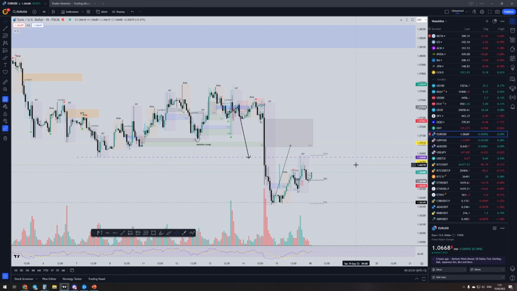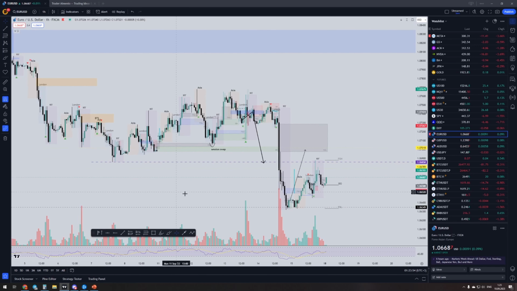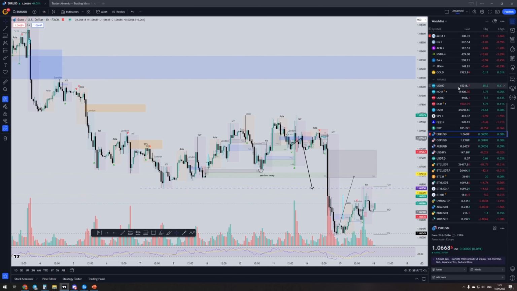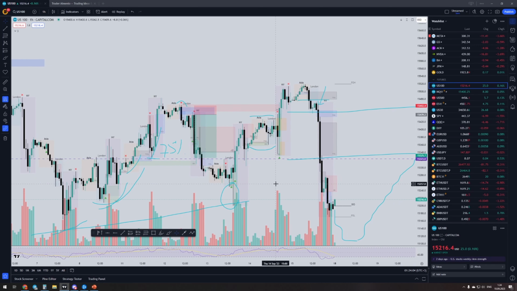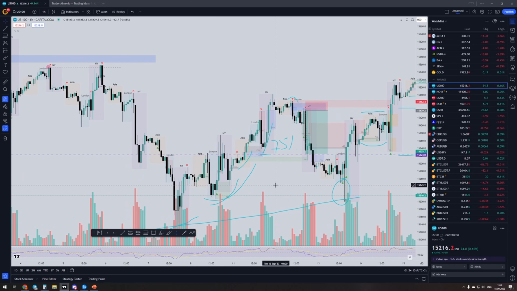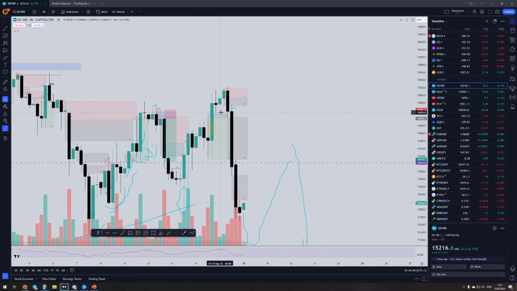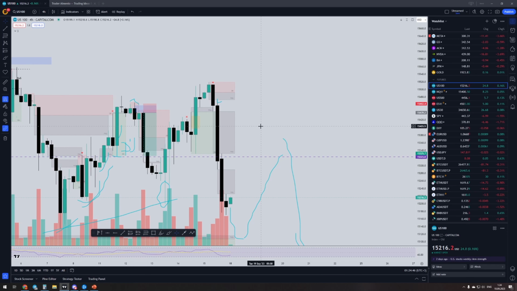Next one is the breaker block. A breaker block is basically an order block that was punched by another candle with a fair value gap in it. Let's find this. As you can see, we have this bullish order block. And what happened with this order block?